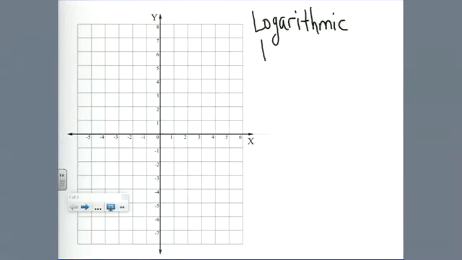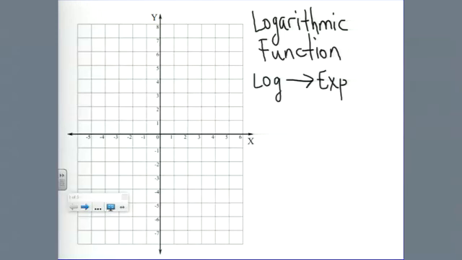So let's discuss how to graph a logarithmic function. Before we talk about how to graph a logarithmic function, we need to discuss how to convert something from log form to exponential form.